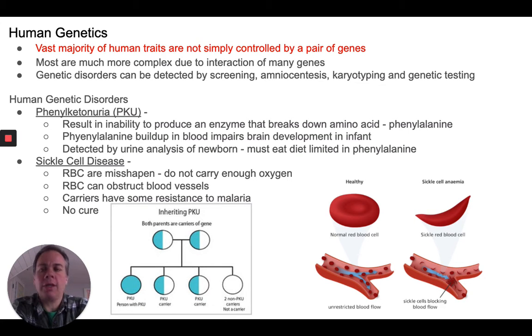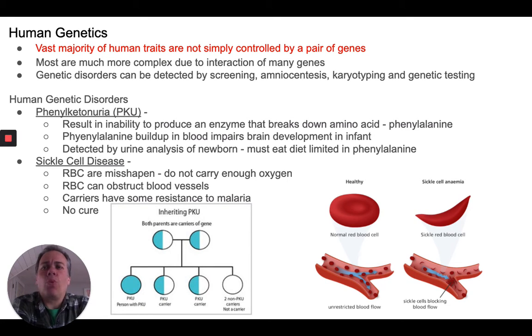So one of the things that we'll talk about are some human diseases that are caused by defective genes. Okay? There's a host of these, and we could go on with a list of human genetic disorders. We'll talk about just a few of them here, and you could research others if you're interested.